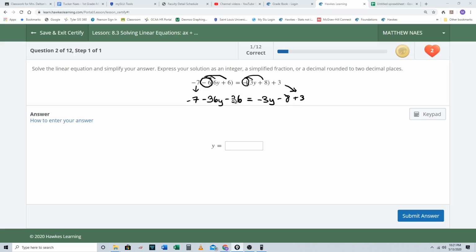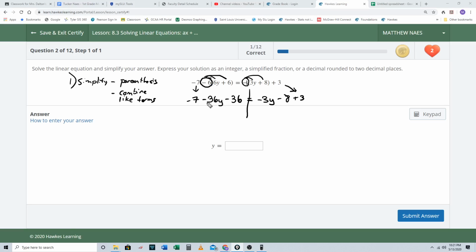So we simplified by getting rid of parentheses. Next thing to do is combine like terms. Now, on both sides of the equation, here I have a negative 7 and a negative 36.